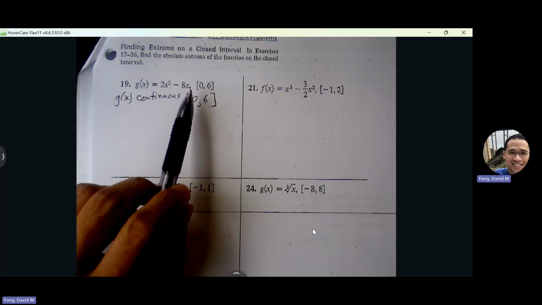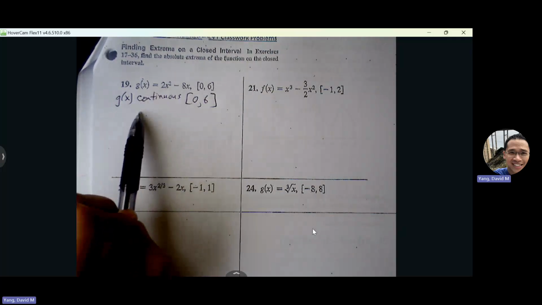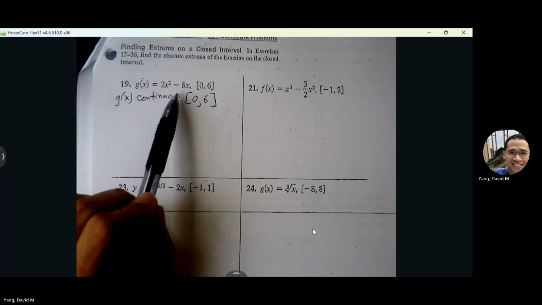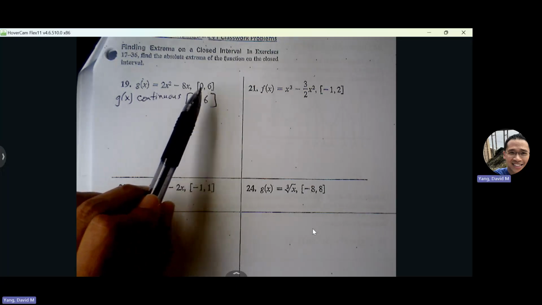Next up, you're going to find additional candidates besides the endpoints. So find G prime, set G prime equal to 0, and see if your critical point is a valid one to use.